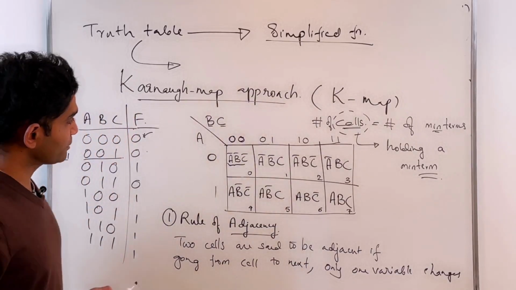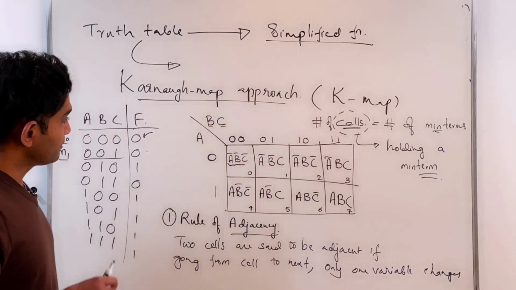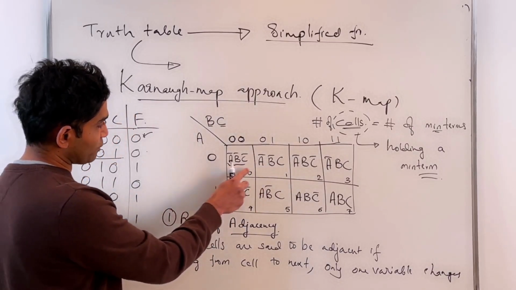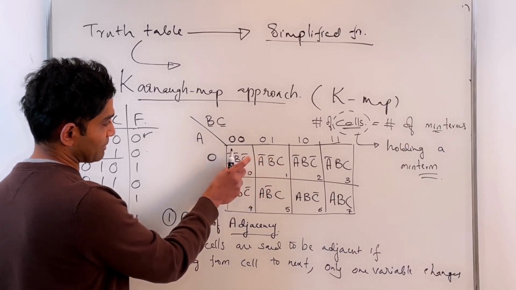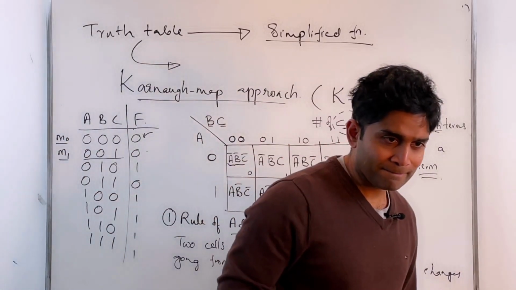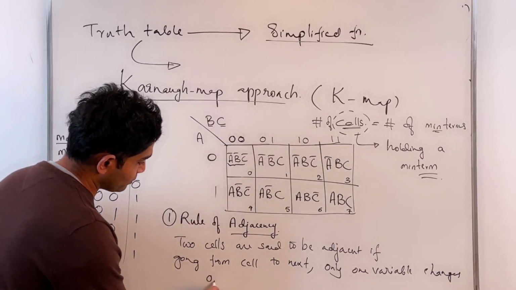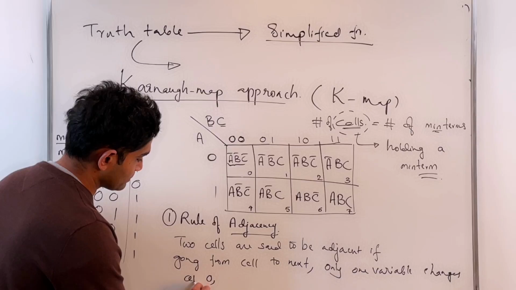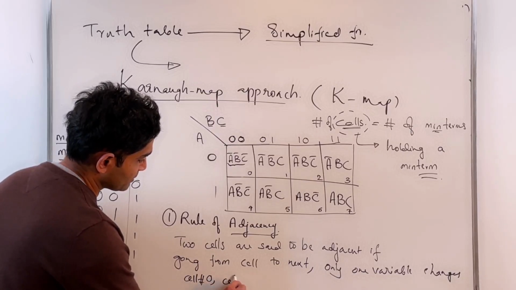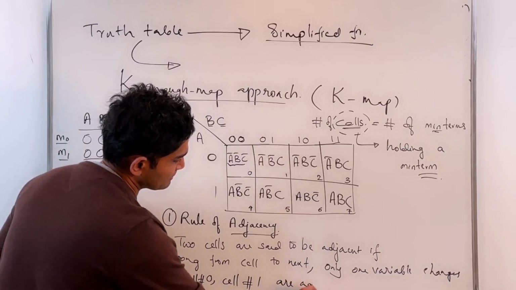Which one? C. C changing from C prime to C. The rest of them do not change. A prime, B prime remains constant between these two cells. A prime, B prime is the common factor. Only one variable changes. So in this example, cell number 0 and cell number 1 are adjacent according to the definition.